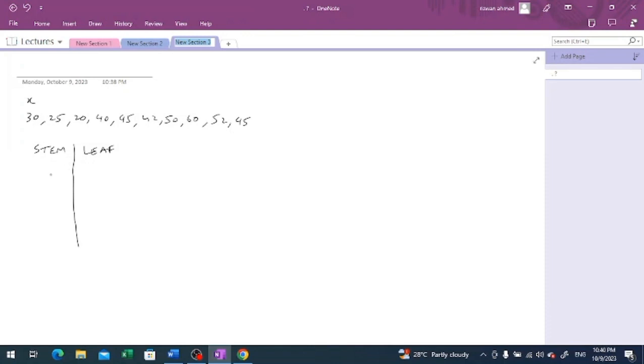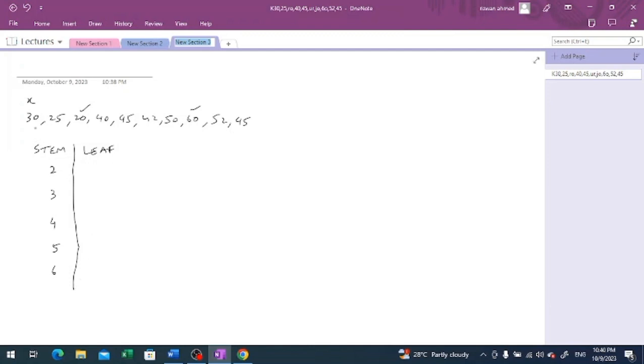Now stem means we need to first identify the minimum value in the data, which is 20, and the maximum is 60. What we do, we will introduce the stem of 20s, 30s, 40s, 50s, and 60s over here.